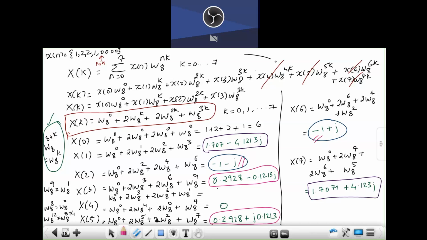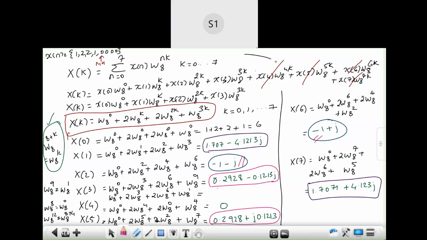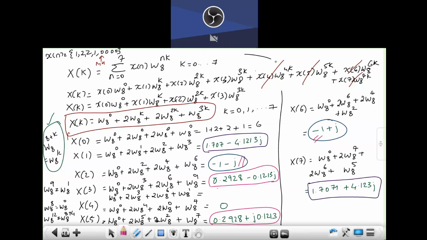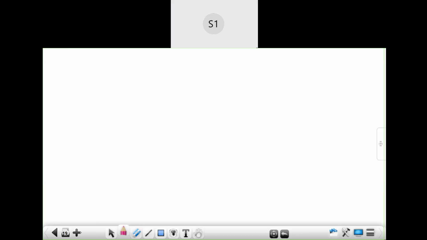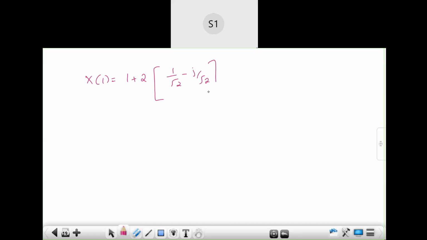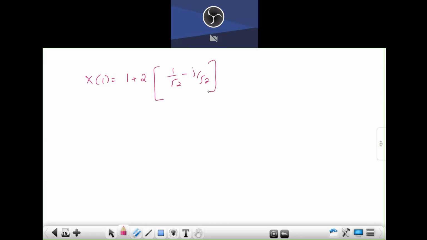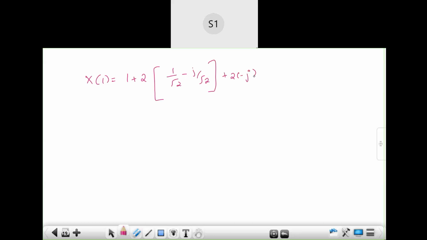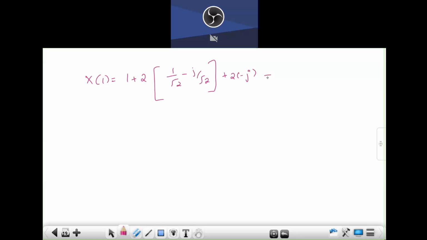For X of 1, ma'am. For X of 1, I will write it on the next page if you want. For X of 1, you have 1 plus 2 into 1 by root 2 minus j by root 2, plus j into 1 by root 2, plus 2 into minus j, minus 1 by root 2 minus j by root 2.